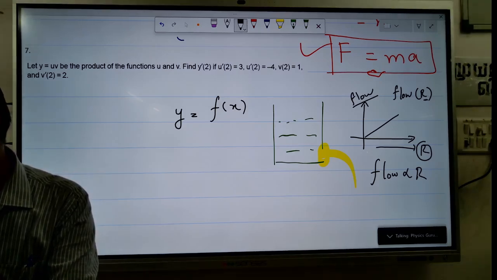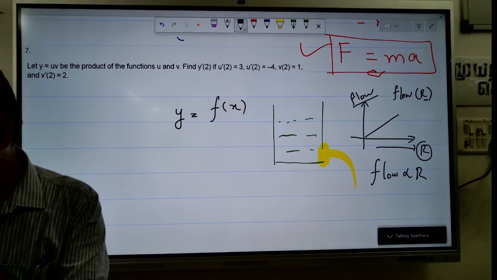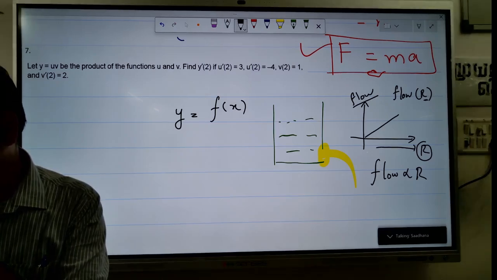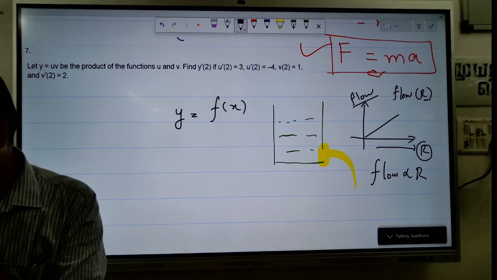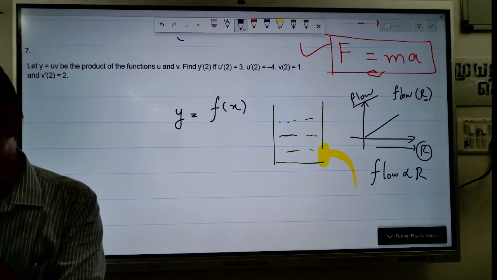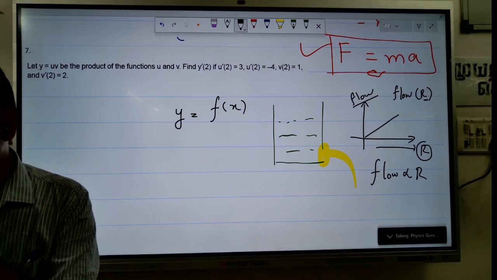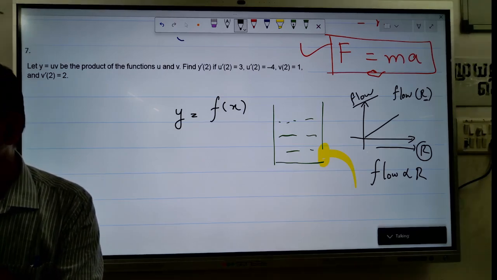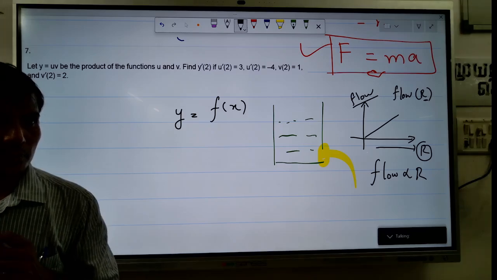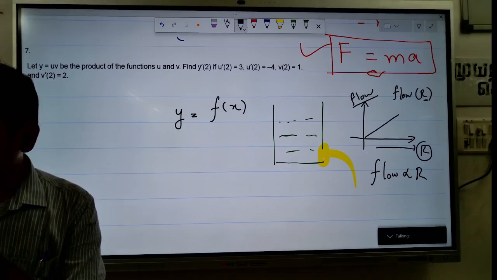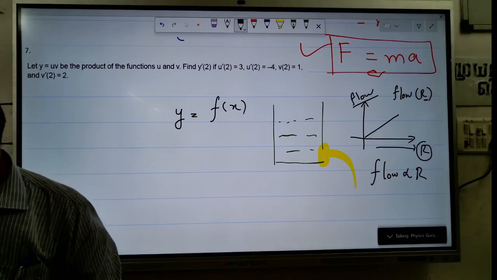You are authorized. But the last question is okay. Let's see. This was a JEE question.